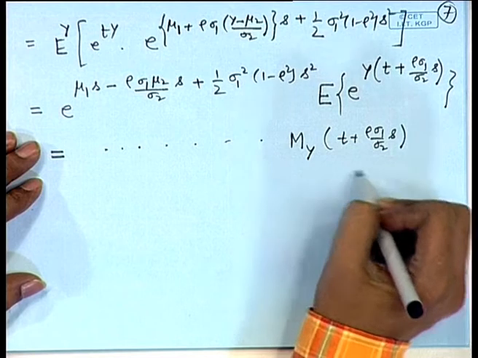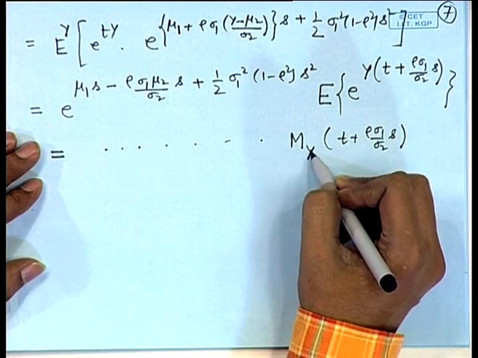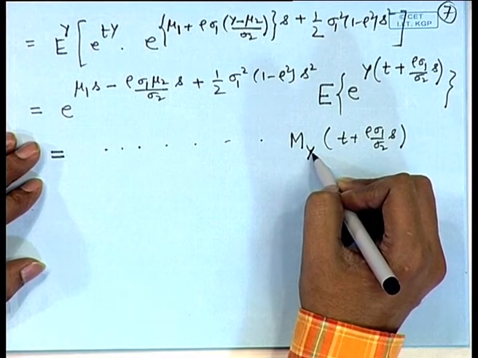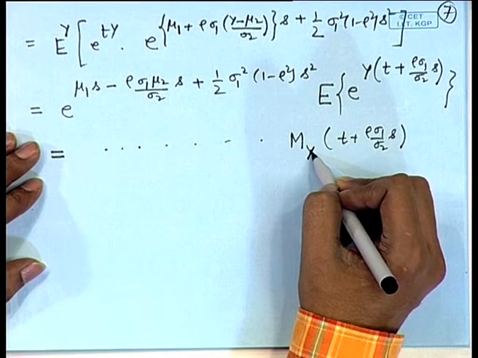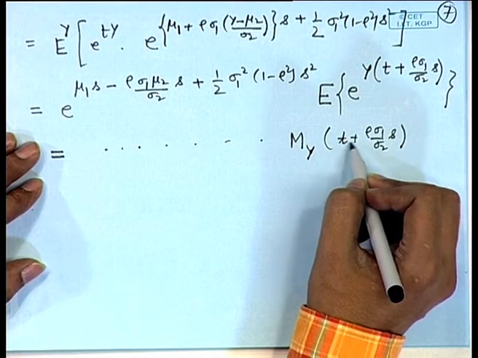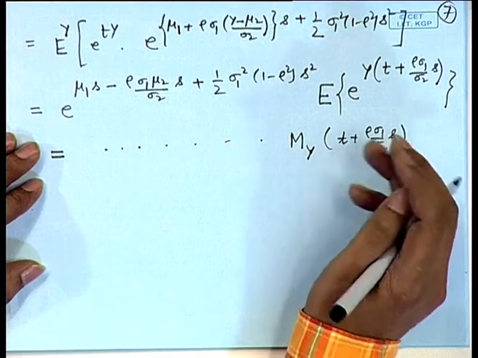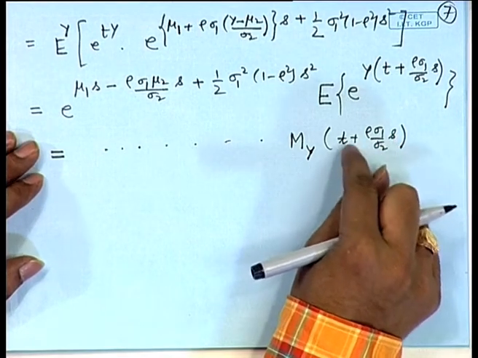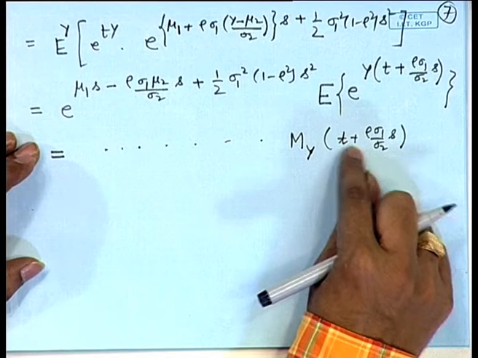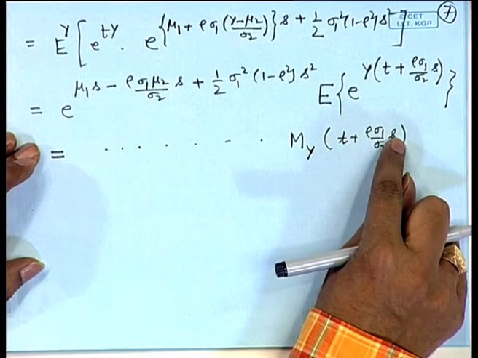So, notice here that the distribution of Y is again univariate normal with parameters mu 2 and sigma 2 square. Therefore, the moment generating function has a known form. In place of the point t, we substitute t plus rho sigma 1 by sigma 2 s.